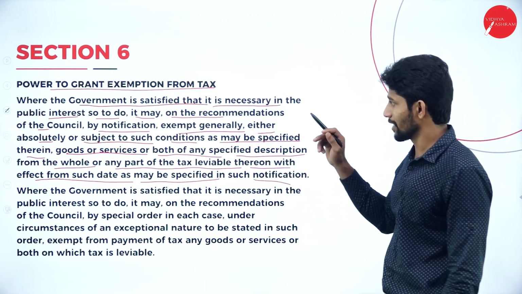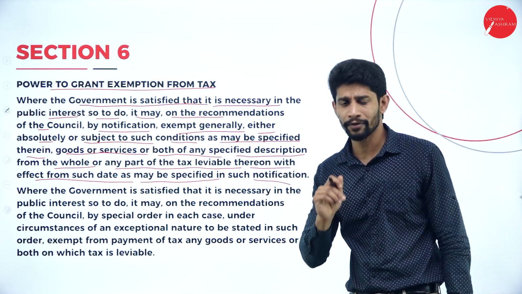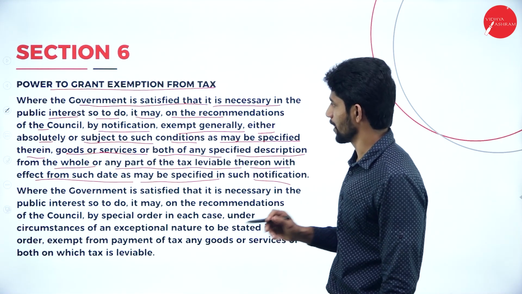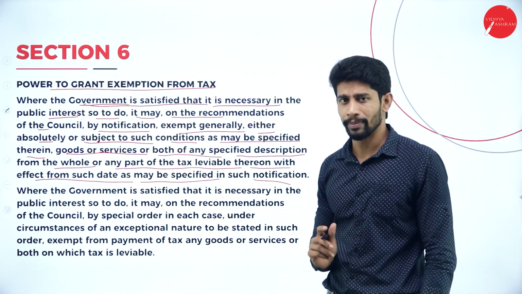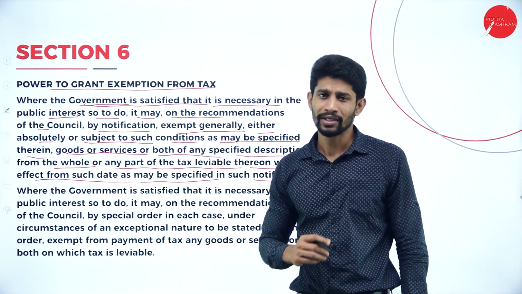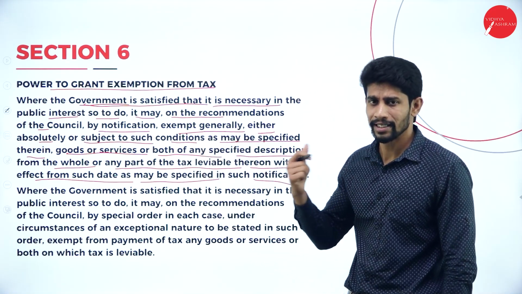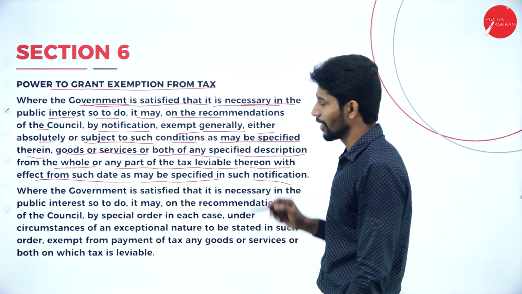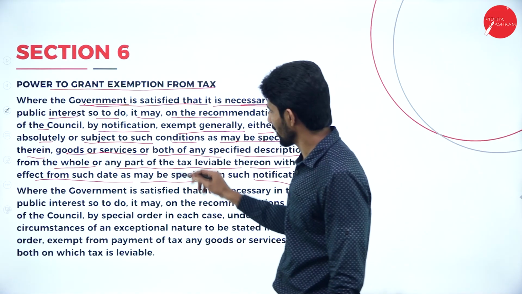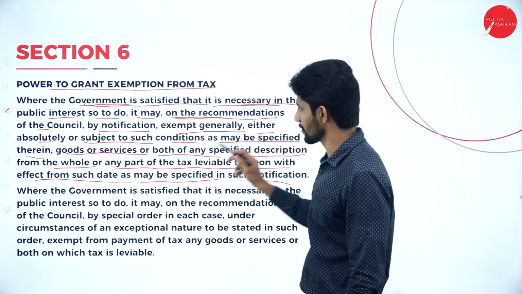Yes, so the power for exemption of tax is based upon the government's decision. If the government is ready to give the exemption, yes, they can give the exemption to the public, based upon whether it is necessary in the public interest or on the recommendations of the council.